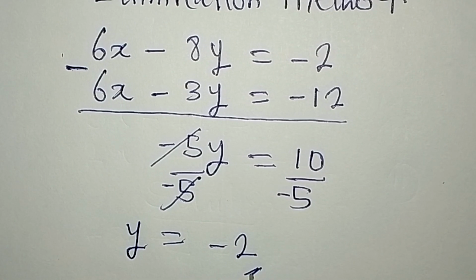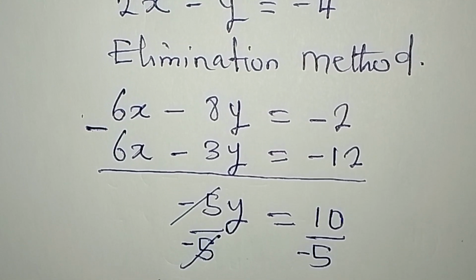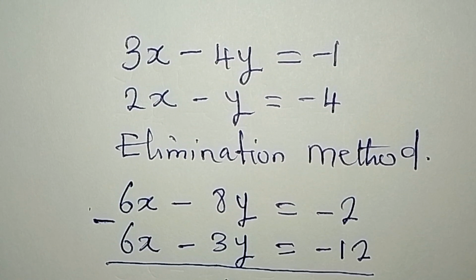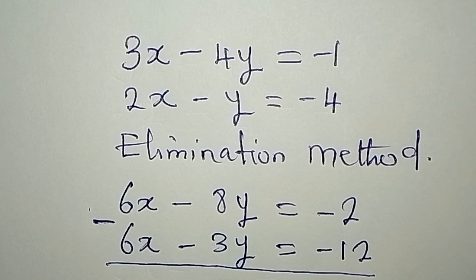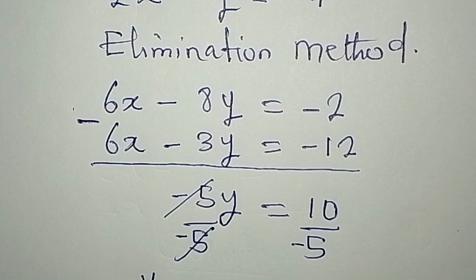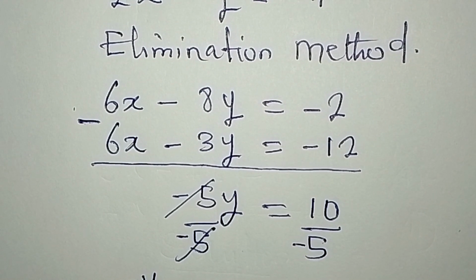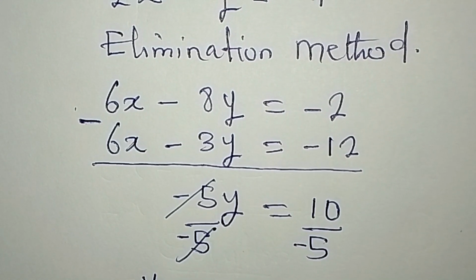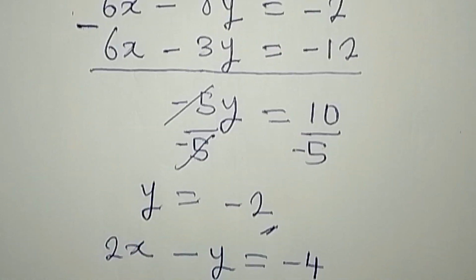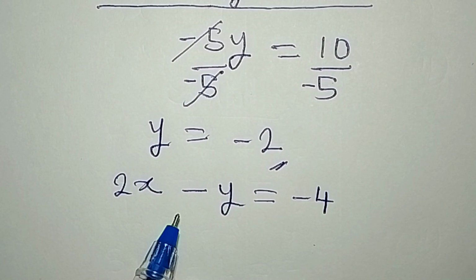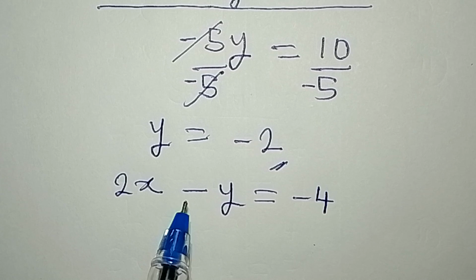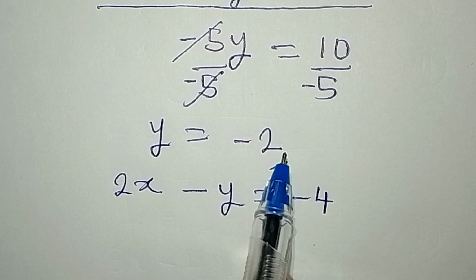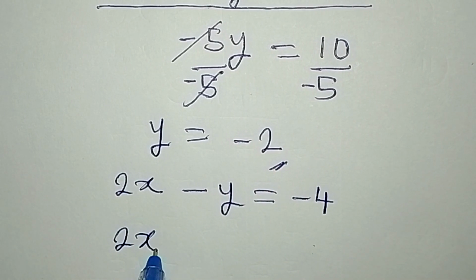So this is y. To get your x, put this into any of the equations. Let's say equation 2. Our equation 2 is 2x minus y equals minus 4. Okay, so let's put in the value of y into this equation 2, so that we have 2x.